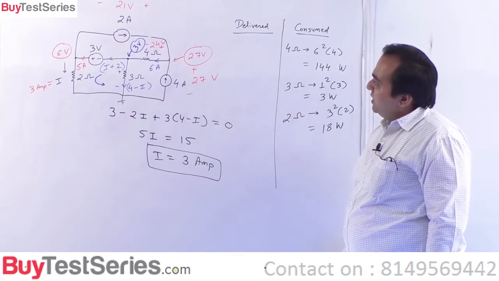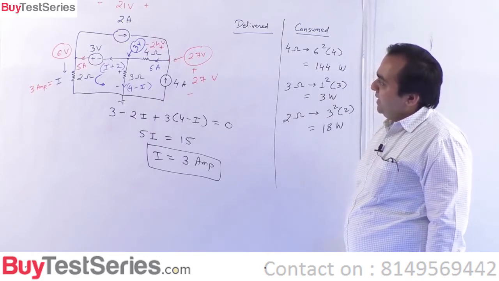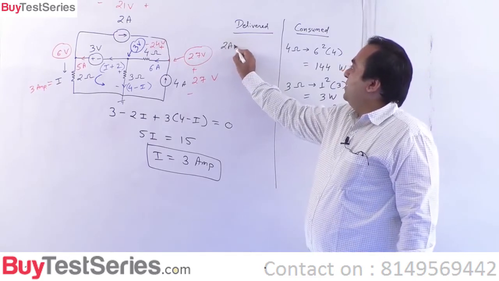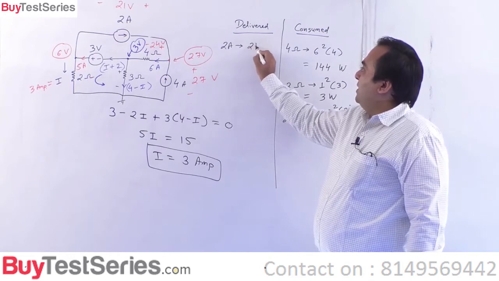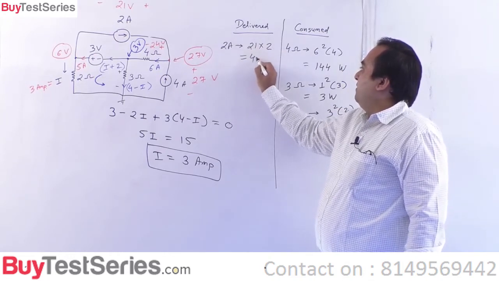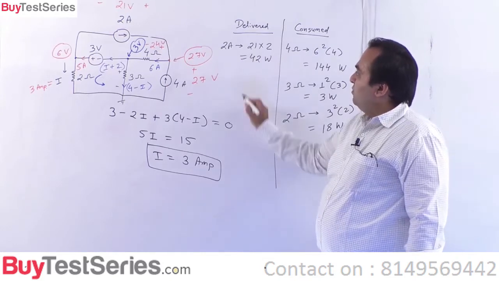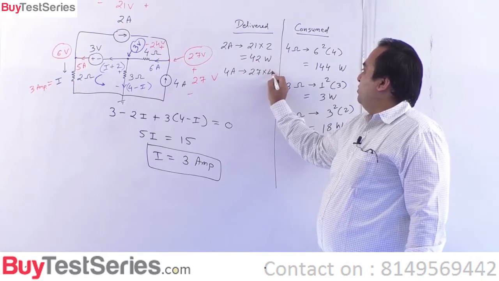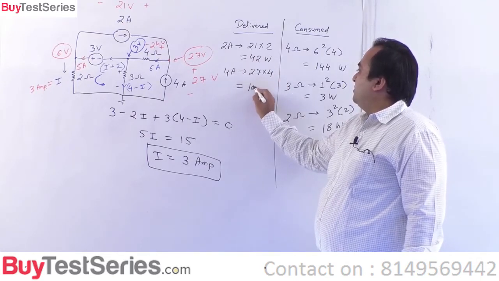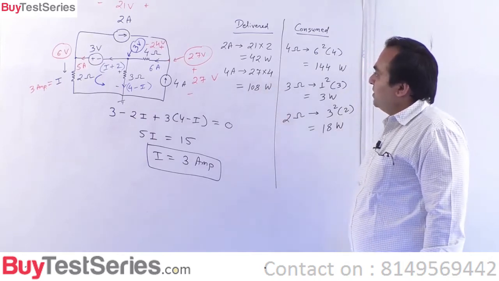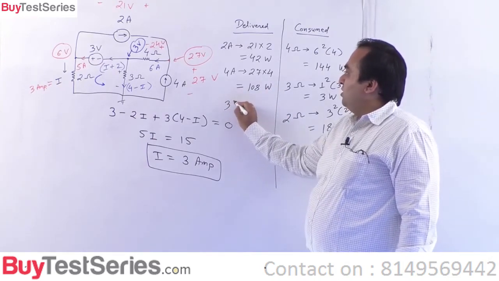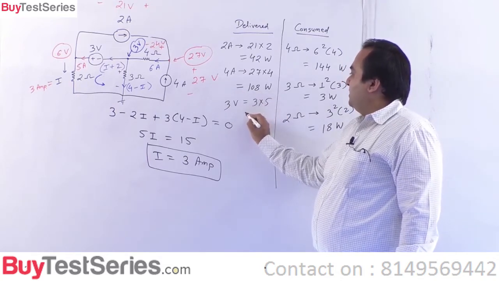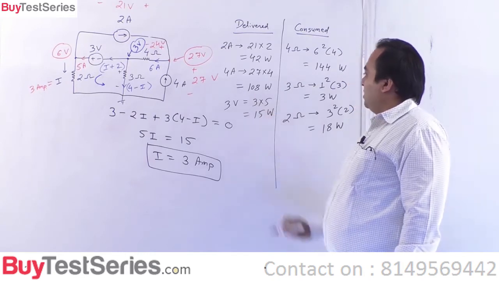If you see the voltage sources and the remaining two current sources, they are delivering. The 2 ampere current source is delivering 21 into 2, that is 42 watts. The 4 ampere current source is delivering 27 into 4, so this is 108 watts, and the 3 volt source is also delivering 3 into 5, that is 15 watts.